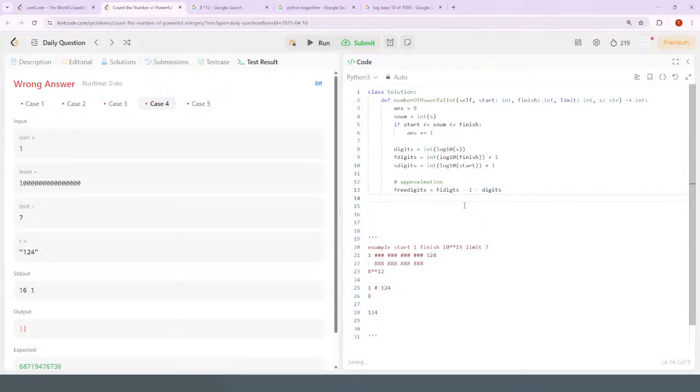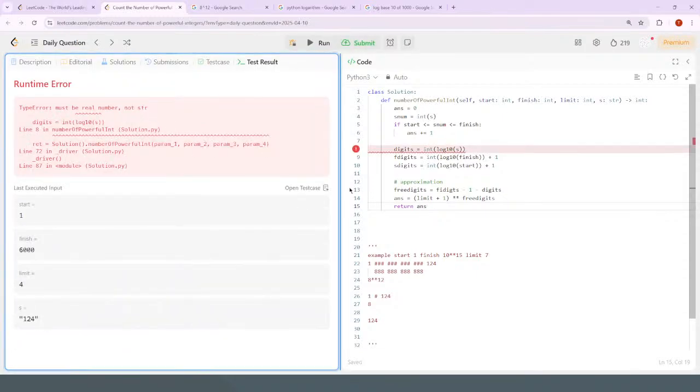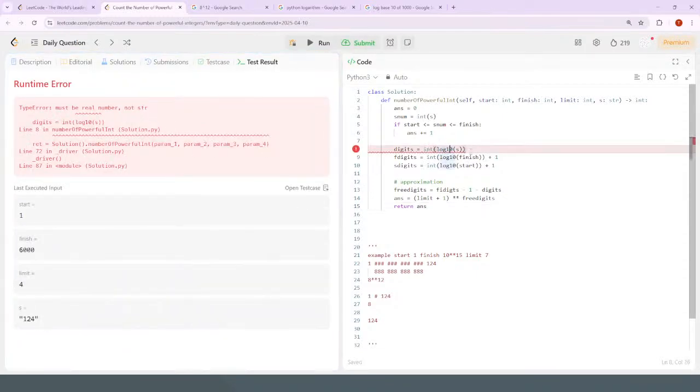And then maybe the answer is roughly the limit to the power of the number of free digits, limit +1. Oh, and this is probably not really close. This should be S-num.